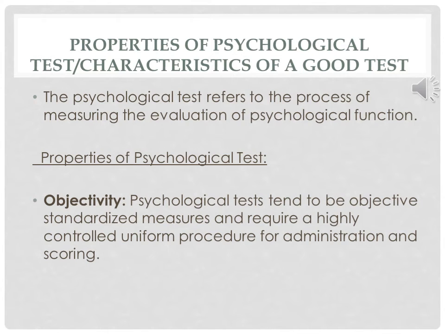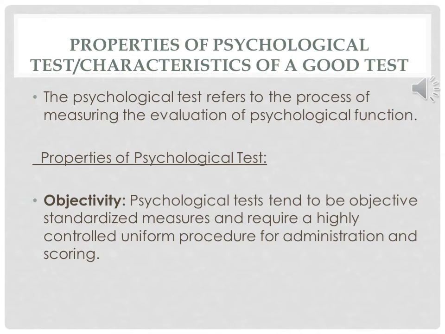Here we are going to mention some of the properties of a psychological test, or we can say some of the characteristics of a good psychological test, or how a test should be done. What are the properties we can find in a good psychological test?